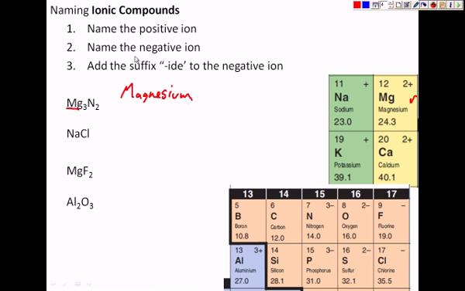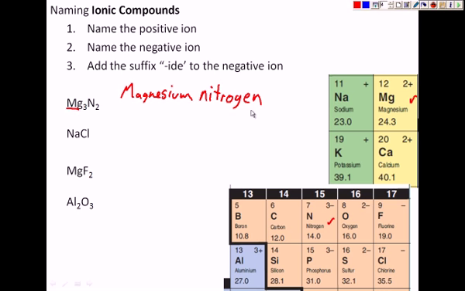And then we're going to name the negative ion second. N is nitrogen. Then we're going to add the suffix "ide" to the negative ion.